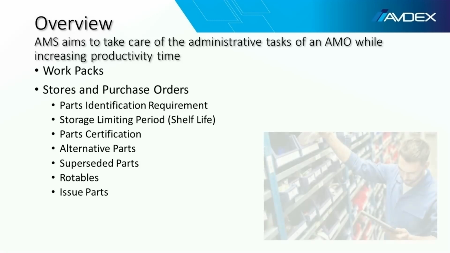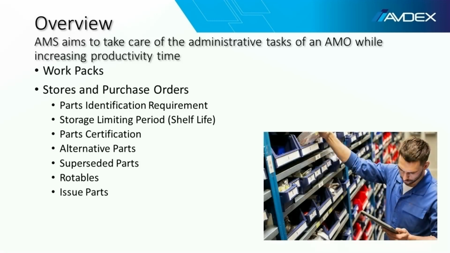Issue parts. Parts linked to a purchase order are issued on receipt. Parts already in stock may be issued in one of two ways. Firstly, if paper issue documentation is used, this is then transferred to AMS manually by selecting the recorded part, the batch or serial number, the task card and quantity.